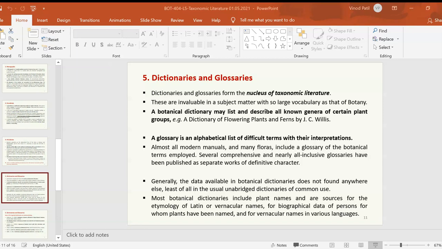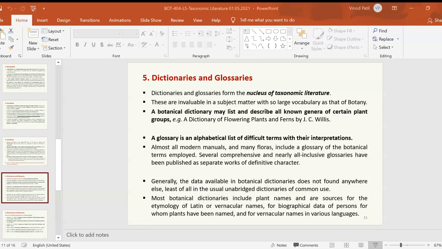If we come across a new word, we can trace it down in the dictionary, and we can easily find the meaning. And these are invaluable, priceless. Dictionaries are priceless works. So these are invaluable in a subject matter with so large a vocabulary as that of botany. So many things: apospory, apogamy, then the tracheids, the spermatophytes, cryptogams.